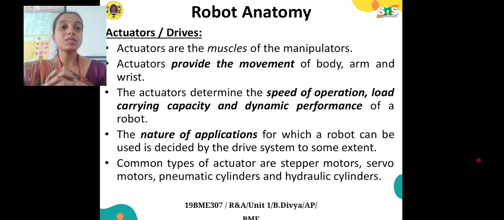Actuators determine the speed of operation, load carrying capacity and dynamic performance of the robot. We have different kinds of actuators also, and we can see them in detail in upcoming videos.